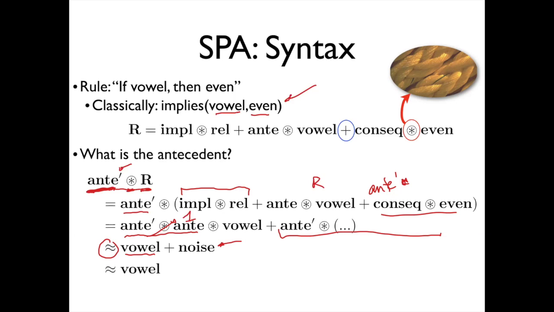Now, how can we just think of those as noise? Essentially, when we combine antecedent inverse with these other things which don't have antecedent in them, like the consequent, this is going to give us some other vector which is orthogonal to all the vectors that we know about right now. So we're assuming that all of these vectors are in our vocabulary of the kind that Terry was defining. But because this one is orthogonal to all of those, it's not really going to be recognizable as something that we care about.